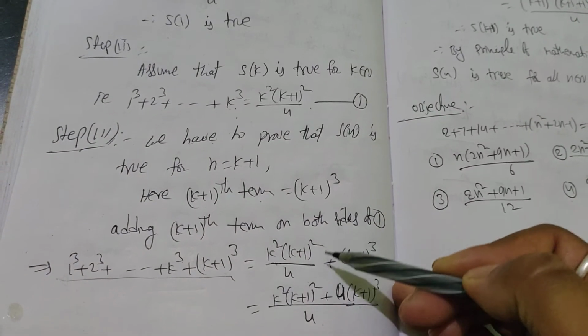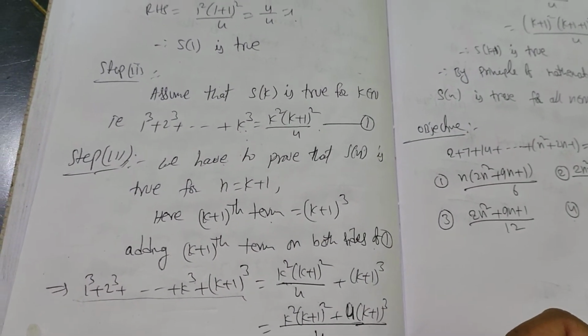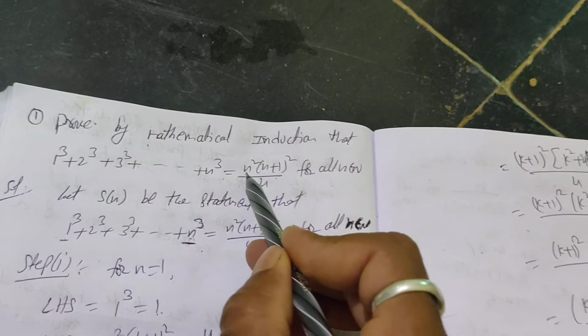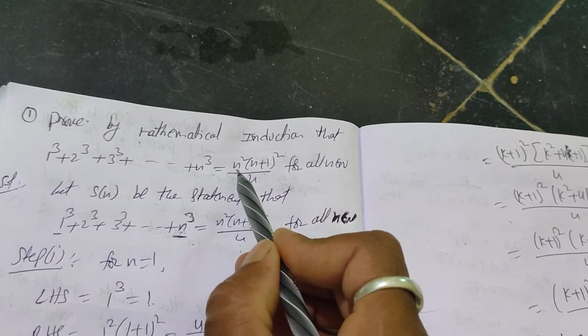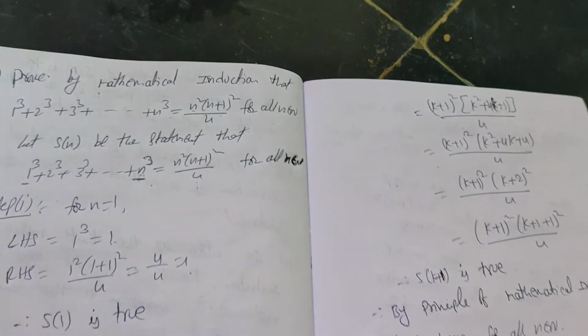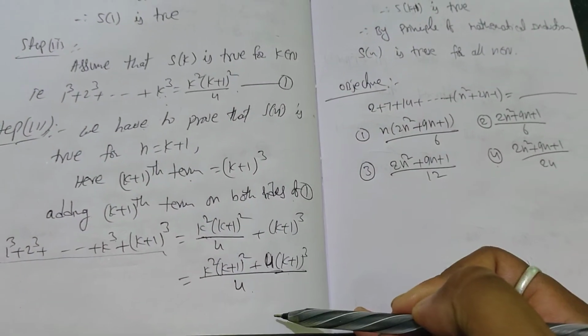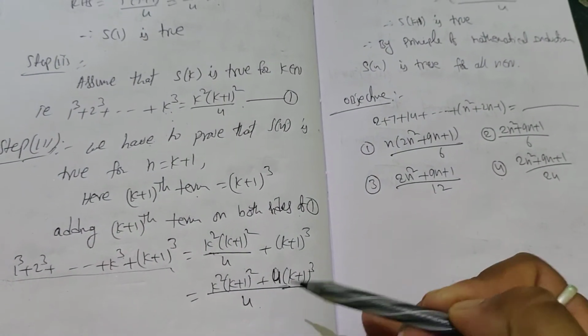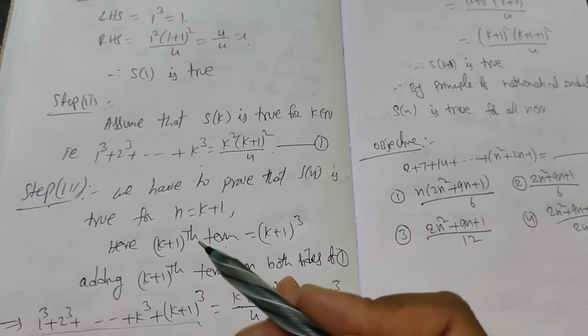Now we have to simplify this one, and to get, in the place of n, if you substitute k plus 1, how it will be, that step we have to get by simplifying this one. This is LHS. By simplifying this one, we have to get RHS. So what is the third step, how to do?